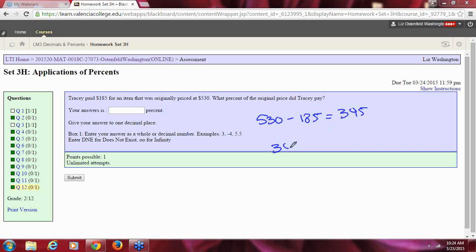Then you want to take that number and divide it by the original number. It was originally priced at $530. So I'm going to actually get a decimal point, 65.09434. It says give your answer to the 1 decimal place. So I would actually change that to a 7.